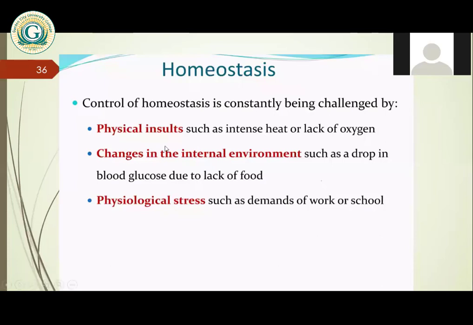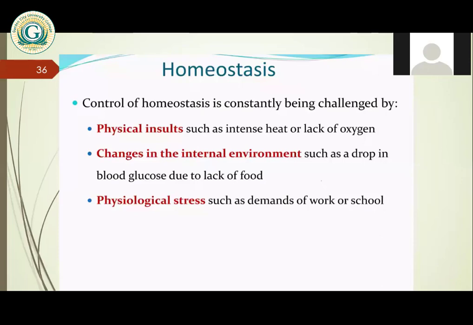Homeostasis. As I said earlier, homeostasis basically is maintaining a nearly constant internal environment. Taking the words into consideration, when you say nearly constant, it means it's not always constant. You have a range within which the parameter fluctuates.